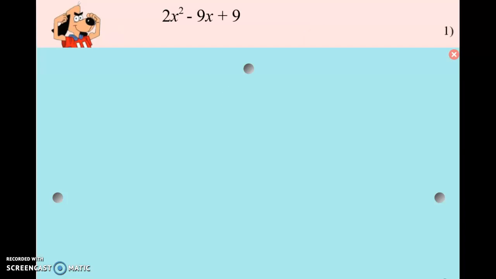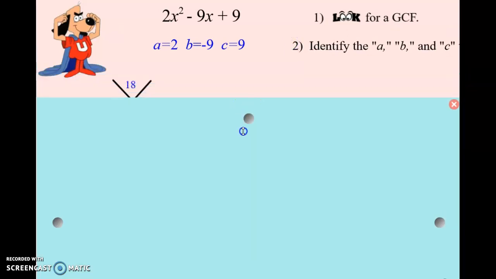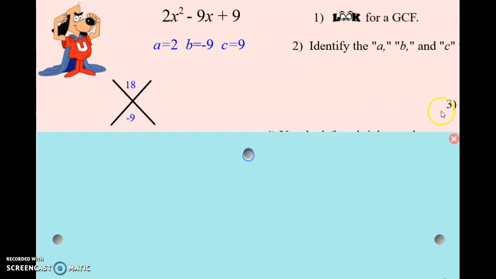2x squared minus 9x plus 9. Common factor? Nope. Next step, identify the A, the B, and the C. Next, set up my diamonds.